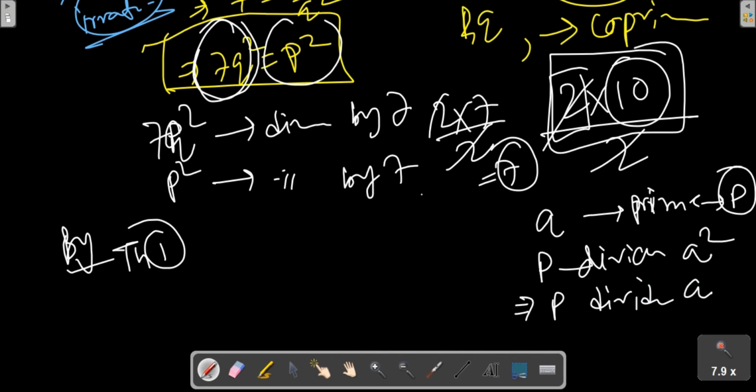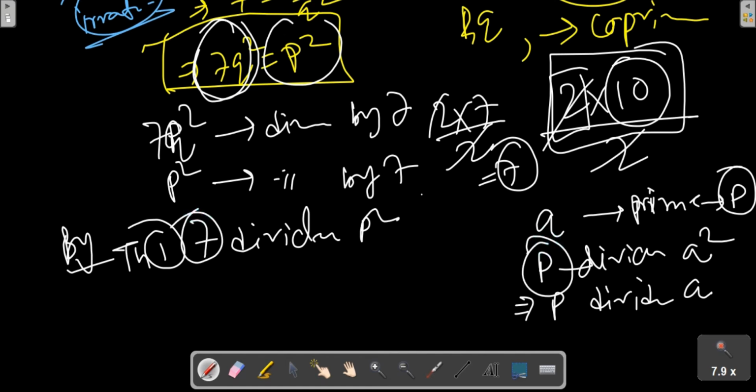So now here if 7 divides p square, means p square divisible by 7, so 7 divides p square. Here 7 is a prime number, just like p. So now if 7 divides p square, then 7 divides p also.